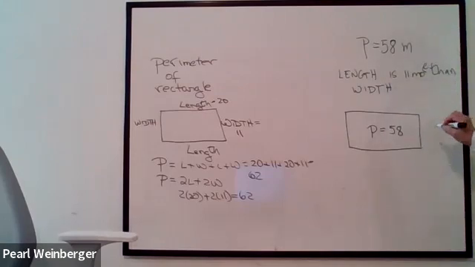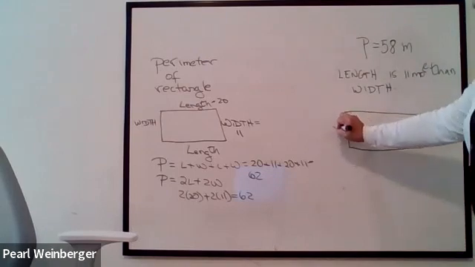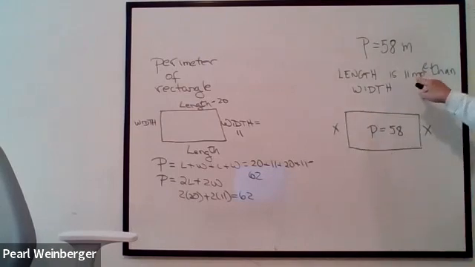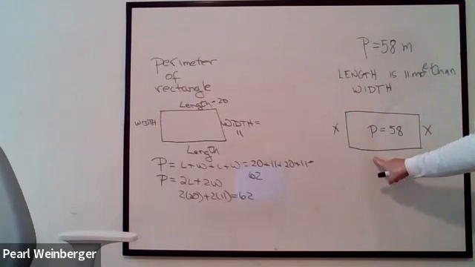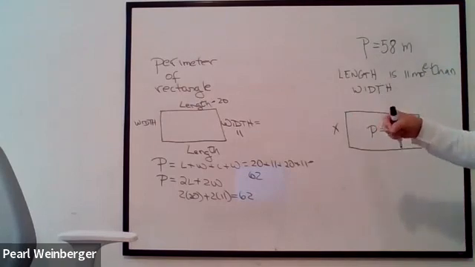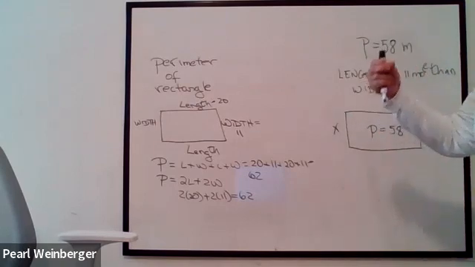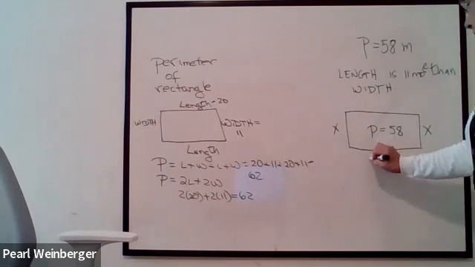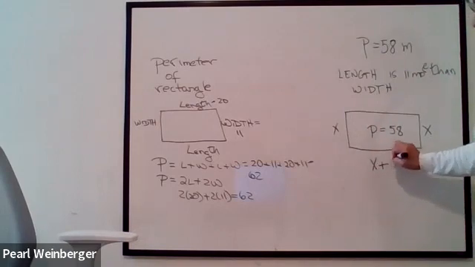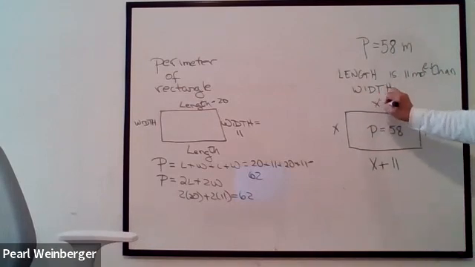Okay, so let's call the width X, which means this is going to be X. This one is also going to be X. Now, to say the length is 11 more means you're adding 11. It's X plus 11, which means this is also X plus 11.